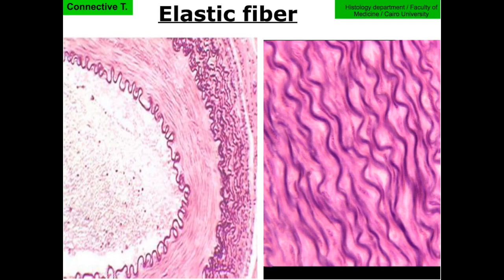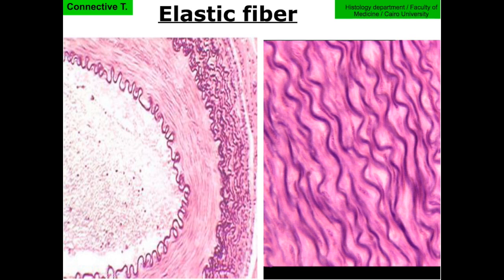This is the second type of the fibers, elastic fibers. The elastic fibers originate from the fibroblast, as we have said before, in the connective tissue. But if they are present in blood vessels like this picture, they originate from the smooth muscles. And if they are present in the elastic cartilage, they originate from the chondroblasts.